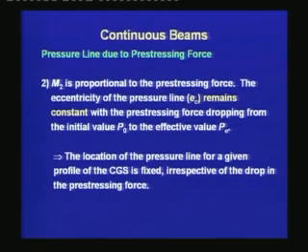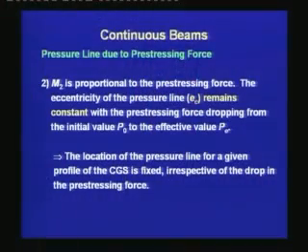The second important point is that M2 is proportional to the prestressing force. The eccentricity of the pressure line, which is denoted as EC, remains constant with the prestressing force dropping from the initial value P0 to the effective value PE. Even if the prestressing force changes with time, the eccentricity of the compression, which is EC, stays constant.